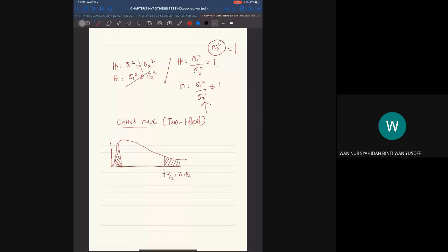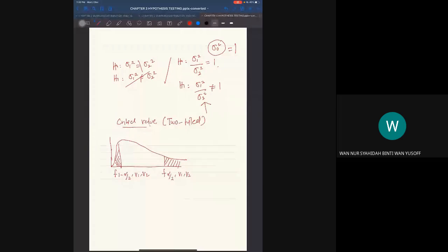So it is different from the confidence interval. For the confidence interval we need nu 2 first and then nu 1, but for hypothesis testing, we have nu 1 first and then nu 2. There is a theory behind that. For the lower critical value, it is F 1 minus alpha over 2, nu 1, nu 2.